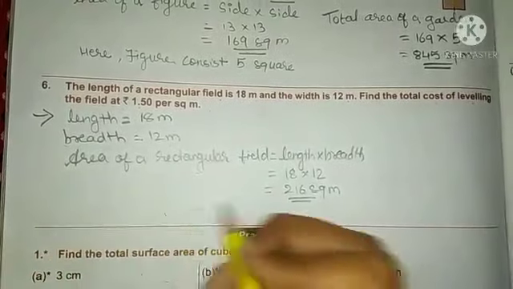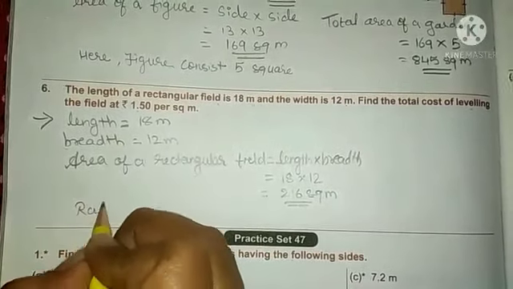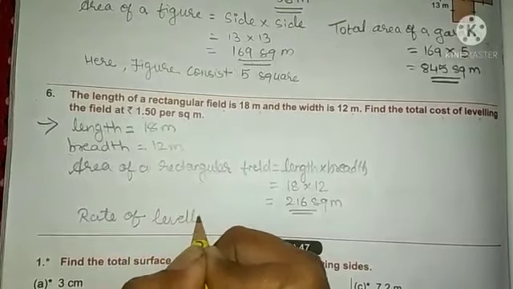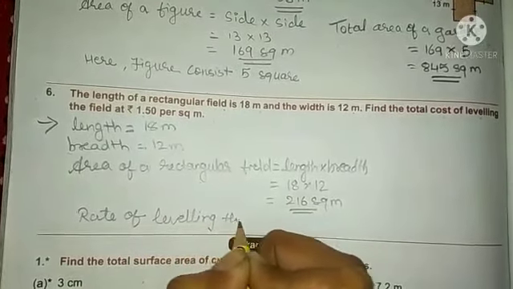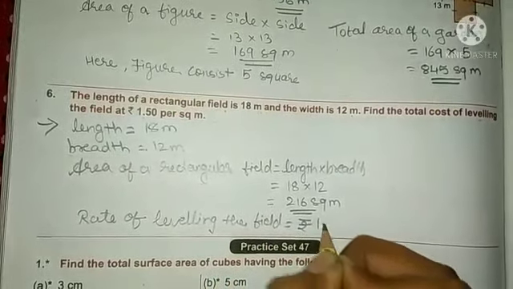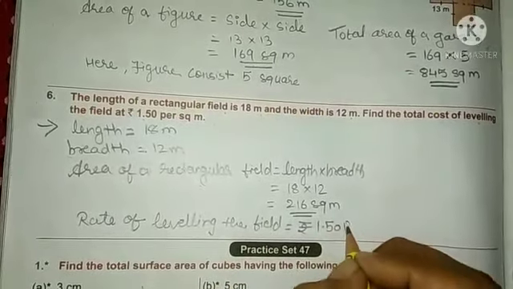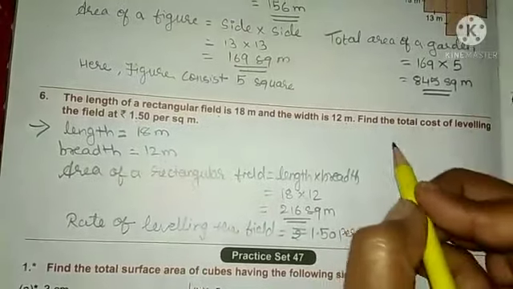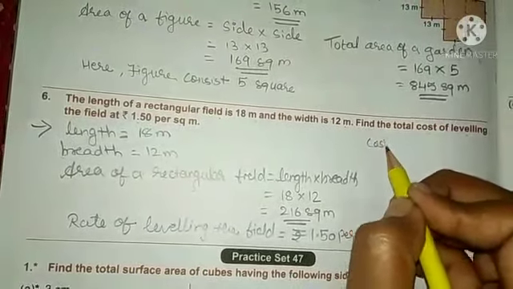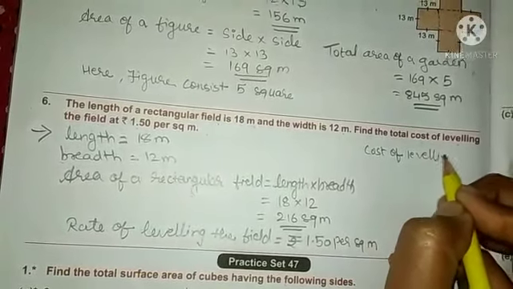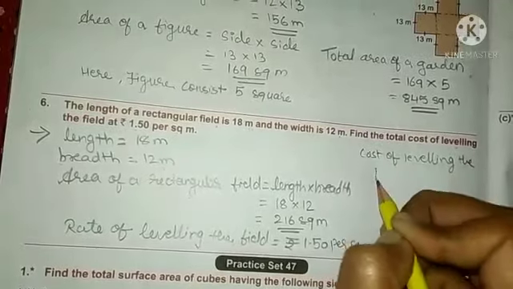Now what do we have to find out? Now the rate of leveling the field is given. Rate of leveling the field, that is rupees 1.50 per square meter. Now we have to find out the cost of leveling. So how are you going to find out the cost of leveling the field?